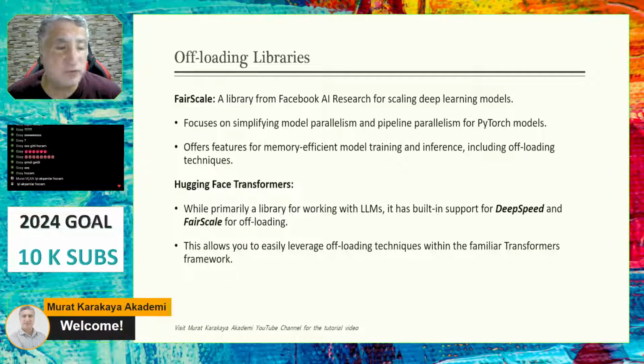FairScale from Facebook AI, and the Hugging Face Transformers library. Actually, they can support DeepSpeed and FairScale offloading. It means that by using the Hugging Face interface, you can download any model and convert it to an offloading version of it. So you can fine tune any Hugging Face model.